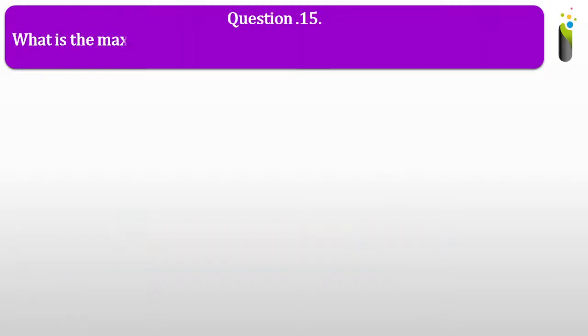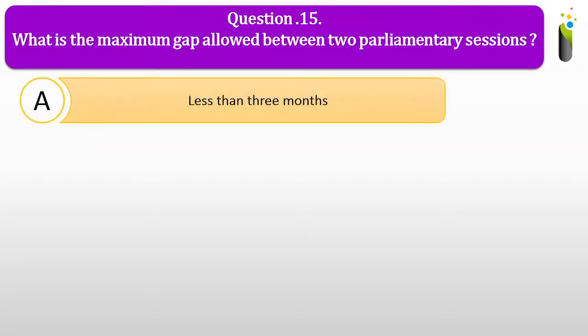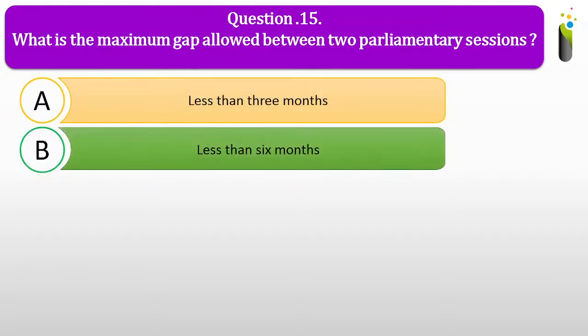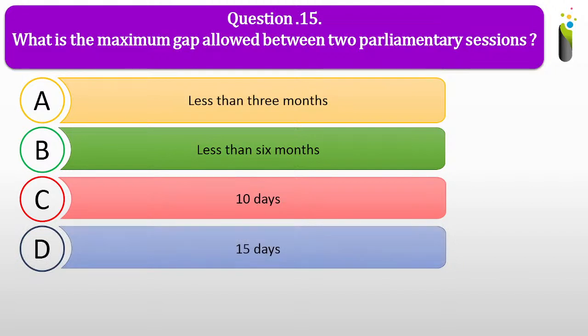Coming to the next question, number 15. What is the maximum gap allowed between two parliamentary sessions? A. Less than 3 months, B. Less than 6 months, C. 10 days, D. 15 days.